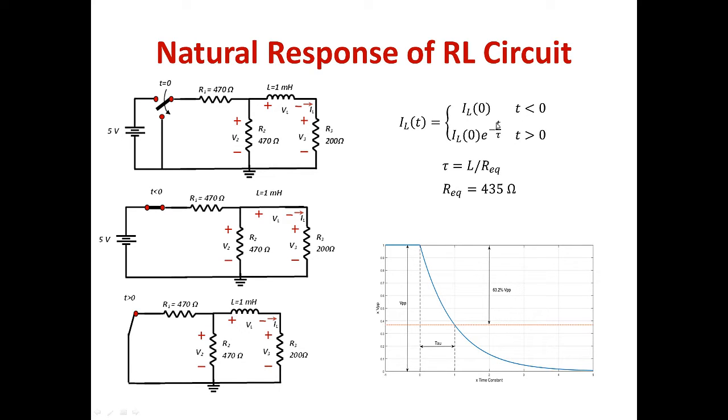When t equals tau, the current will have dropped 63.2% of the total range. We call it the peak-to-peak value. So if the current drops 63.2% of the peak-to-peak value, then tau seconds have elapsed.